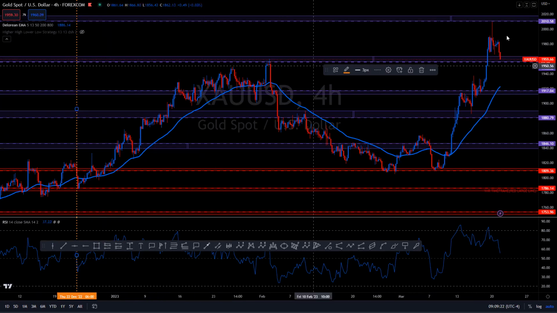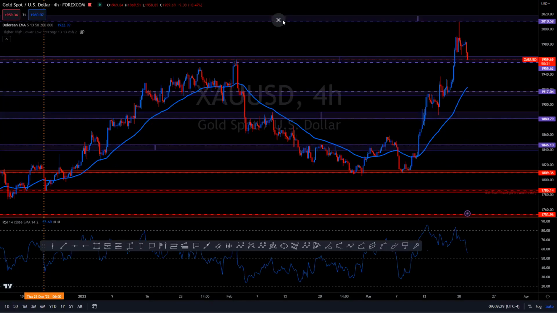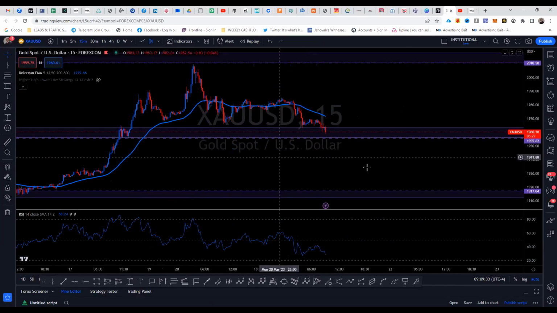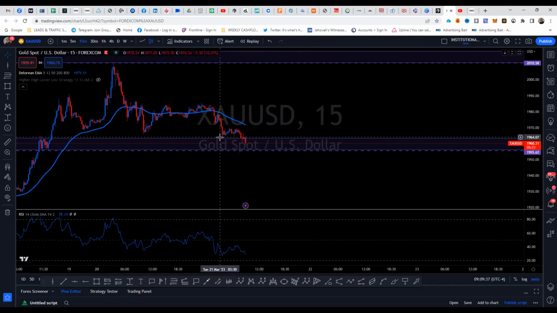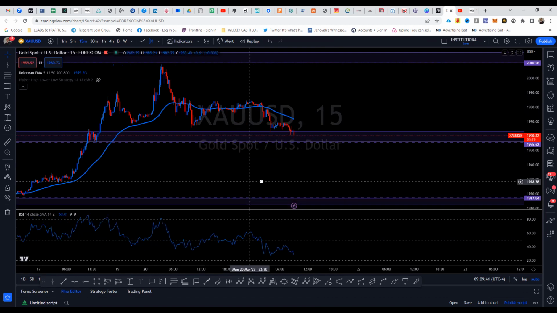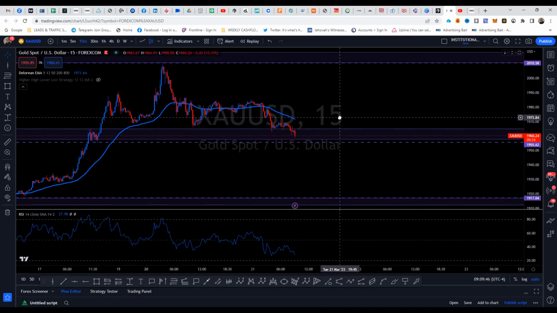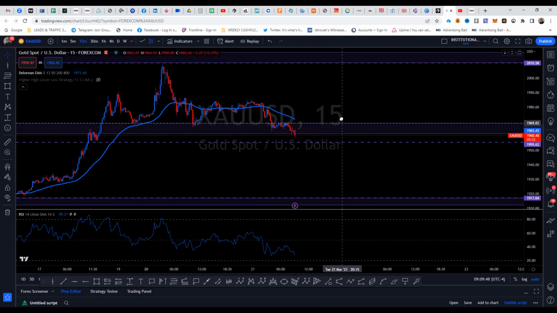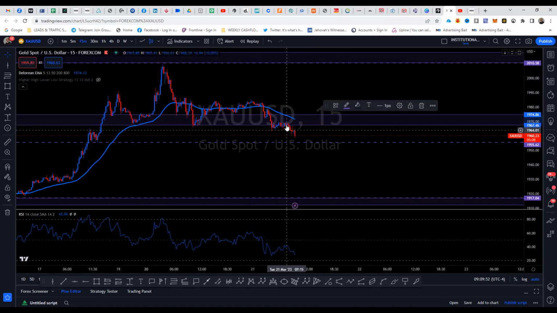All right, so now this is where current price is at. Now we're going to go all the way back to the 15-minute time frame to see where we're at. And this is what we see here. I see it's like a base supply zone here.